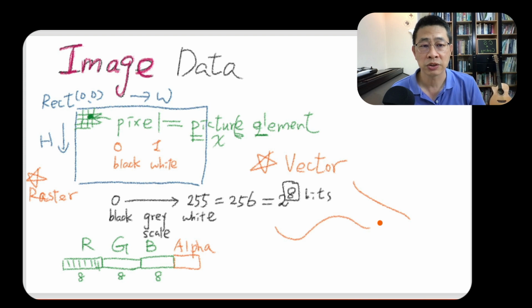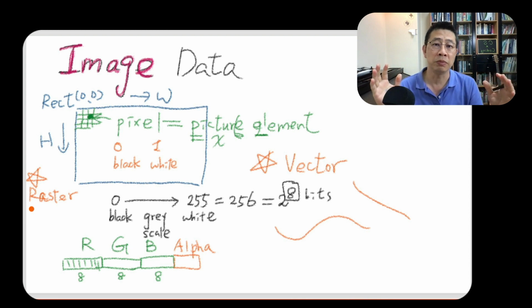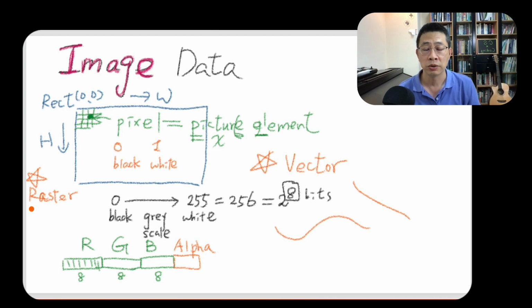So why do vector images use this approach? There is a very big issue in the raster image. When we want to zoom in or enlarge the image, maybe 2 times bigger, you may find the raster image 10 times bigger, you will start to see some artifacts because the pixel element has been enlarged 10 times.